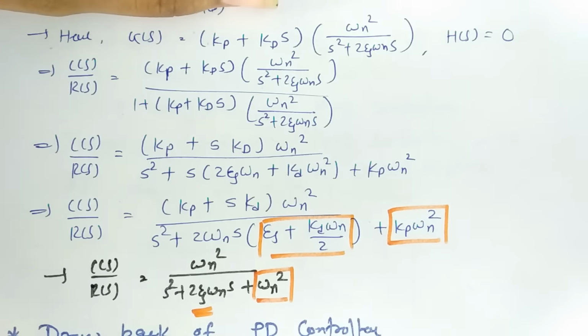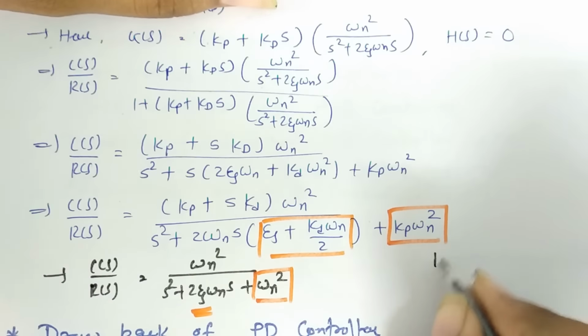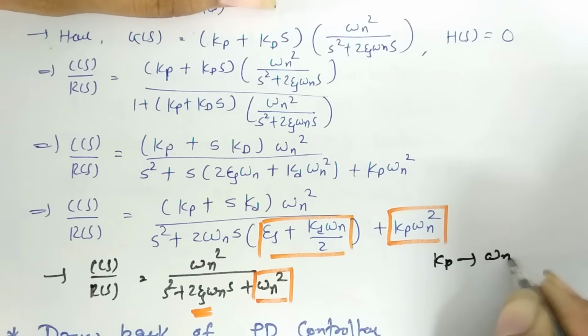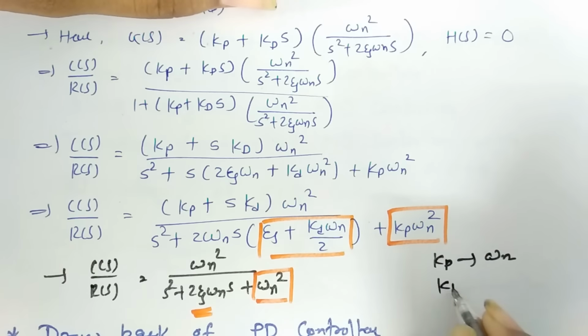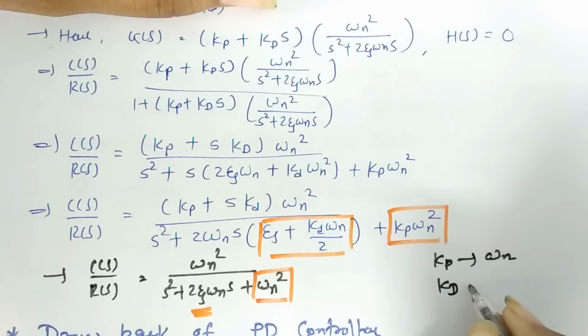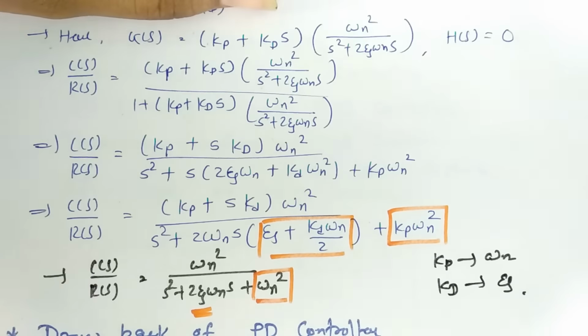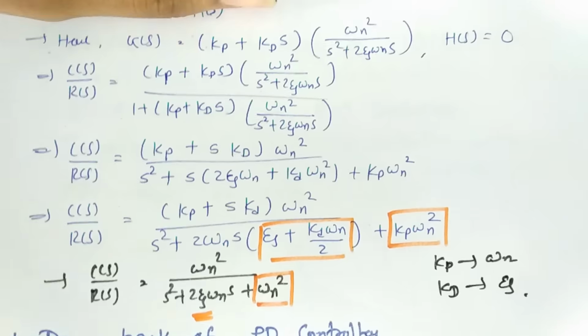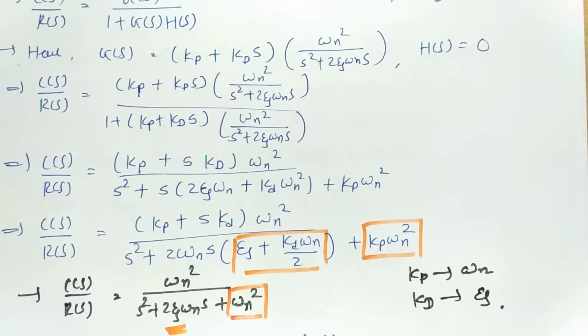So Kp affects omega n, and Kd, the differential gain coefficient, affects the value of zeta. That is how things are happening with the proportional derivative controller.